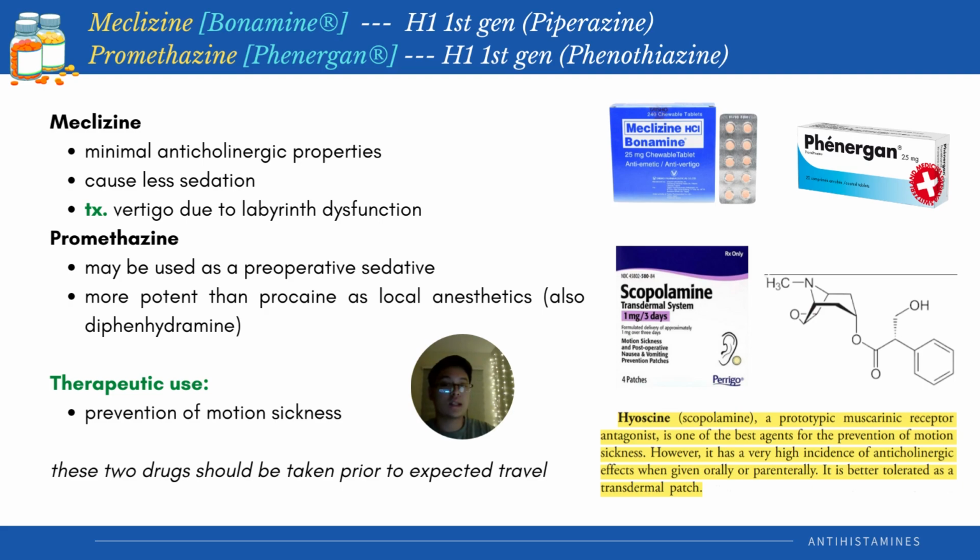It also causes less sedation. It is useful for the treatment of vertigo due to labyrinth dysfunction, which is a condition that affects the part of the inner ear that plays a role in the balance of the body. It is also important to note that promethazine and also diphenhydramine are more potent than procaine as local anesthetics and thus may be used as a preoperative sedative.